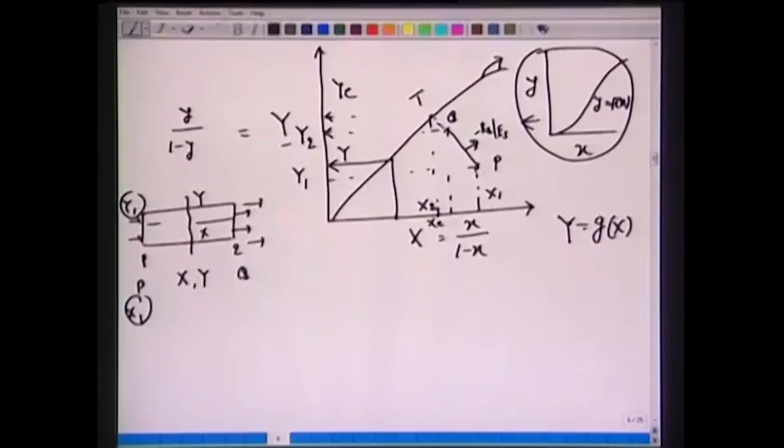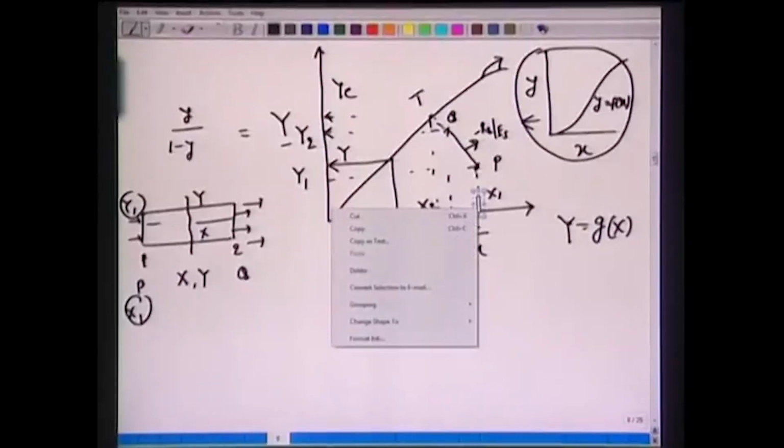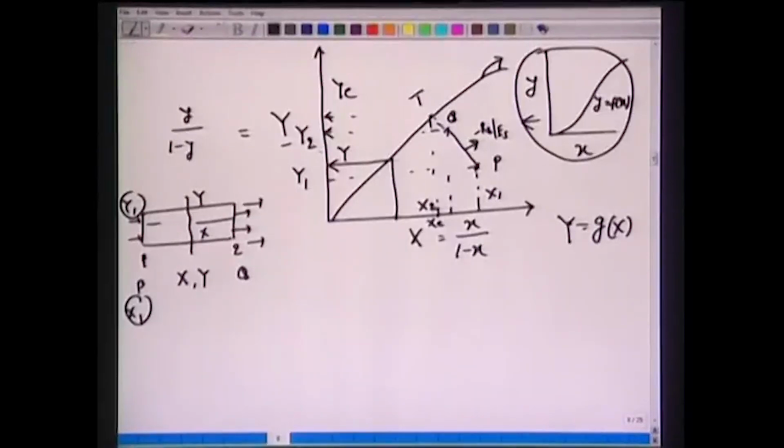All right. So let's try to understand the difference between the operating curve and the equilibrium curve. The operating curve gives us a relation between the bulk phase mole fractions of one phase in terms of the bulk concentration of the other phase. So given x, we can find y, or given y, we can find x.